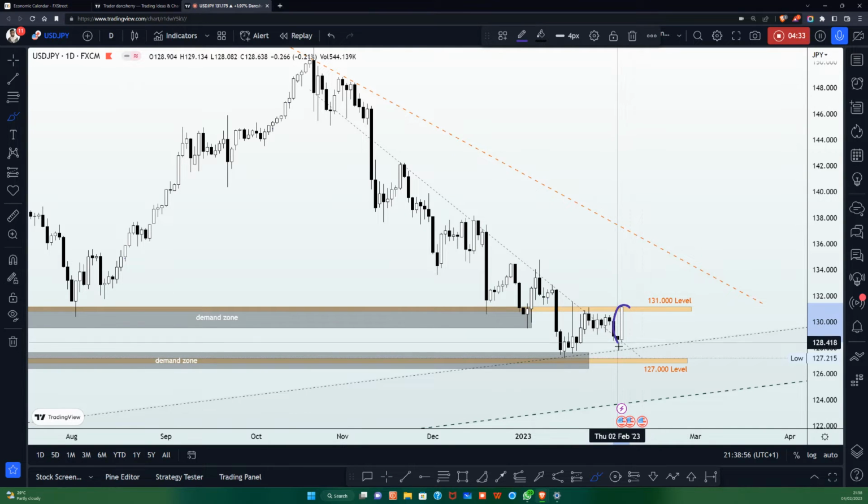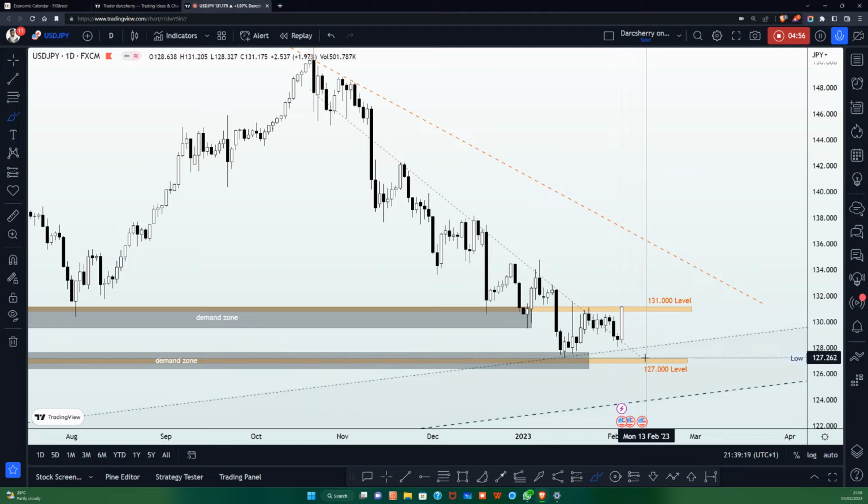Now, with this information we have gathered, and considering how price action closed during last week's trading session, as we saw this bullish engulfing candle bringing price right back into that 131 level, which has been a strong selling niche since the second week of this year, I'm of the opinion that we might likely have a breakout of the 131.00 level to signal a wave of bullish momentum.